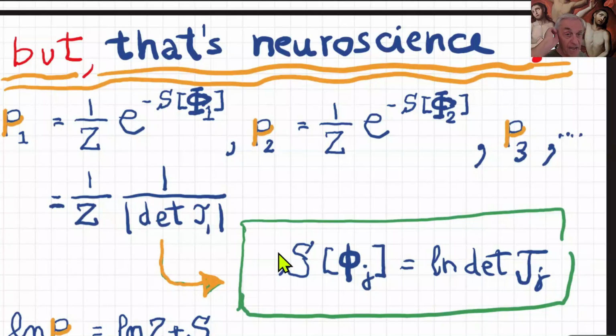I can assign a probability to each, which I measure God knows how, like a statistical algorithm, how often this pattern is seen. But in this deterministic formulation, I have an explicit formula for this probability. It's 1 over this determinant. And if I take its logarithm, the logarithm of this probability is related to this kind of Boltzmann weight, if you think statistically. So this is just equality.